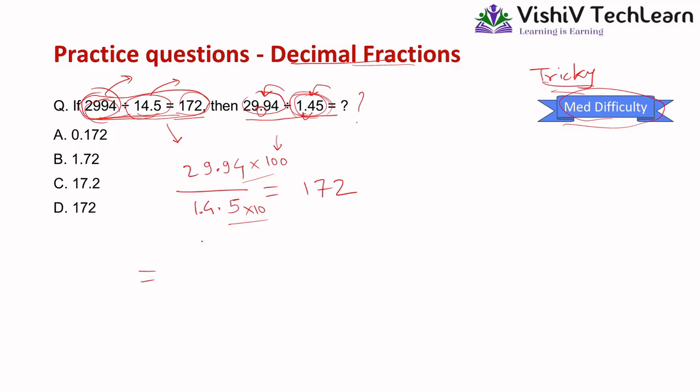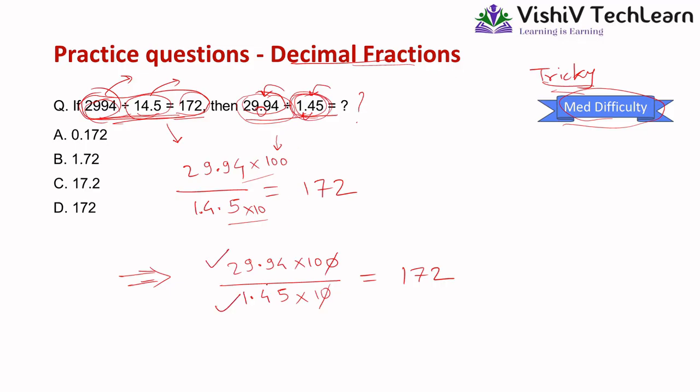So after rewriting it again, we can see 29.94 multiplied by 100 divided by 1.45 multiplied by 10, and this is equal to 172 as it is, which is originally given. Now this 0 we can cut, it will remain 10 multiplied by 10. Now in the question we have 29.94 and 1.45, so it is as it is.